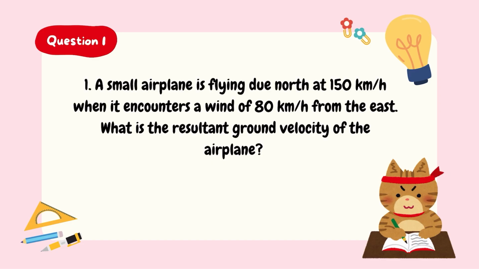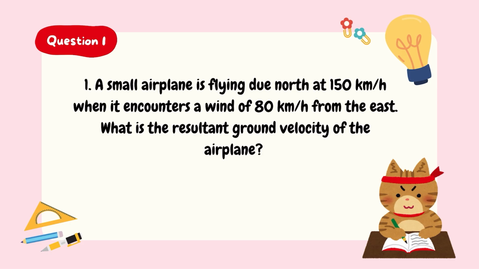And if the wind is from the east, it means it's blowing from the east side. So we can make them two vectors.